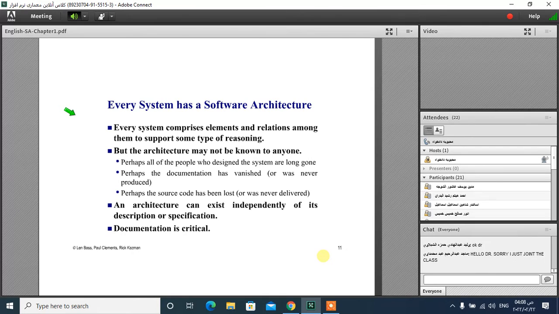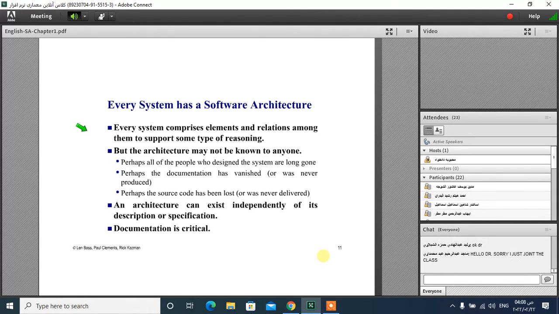Another important point about architecture is that every software system has a software architecture, because every system comprises elements and also the relations among those elements.